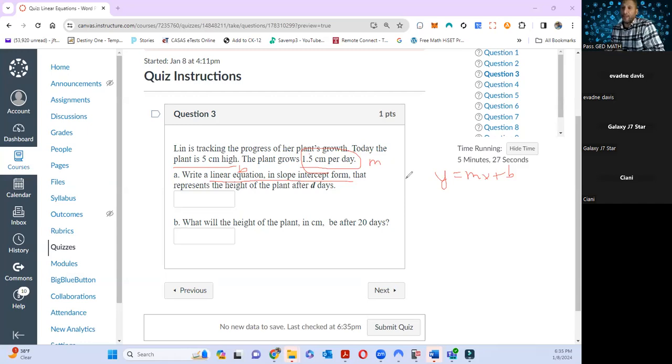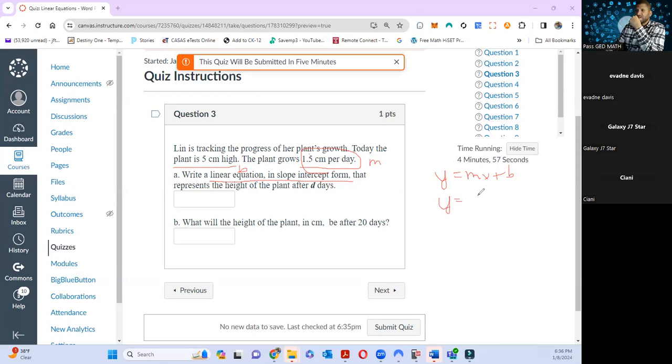What will my linear equation be to figure out the height of this plant? Height equals 5x. What did we identify as our slope? You said 5x, plus 1.5.